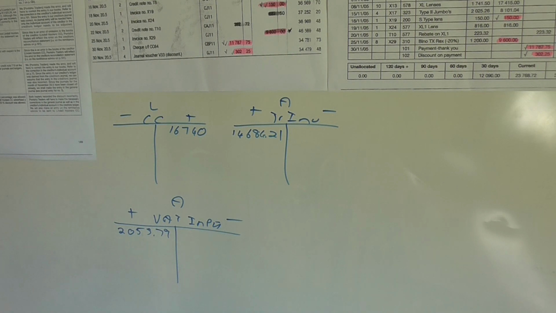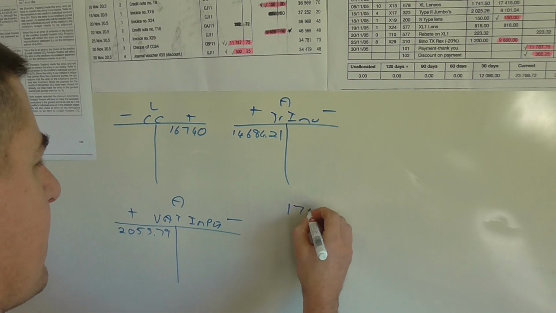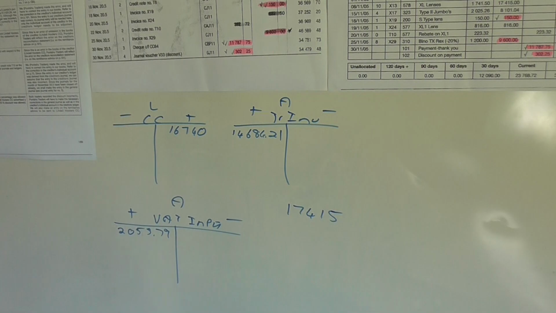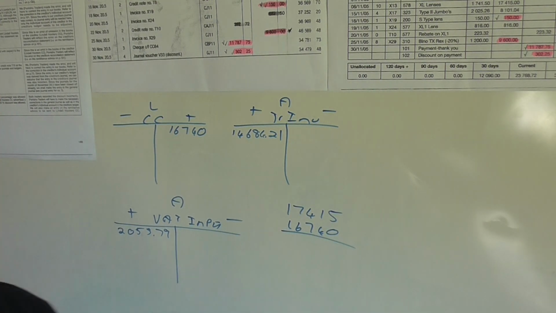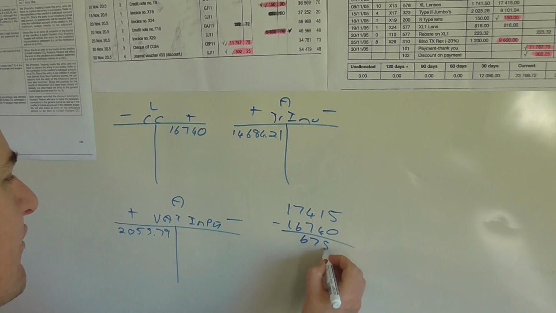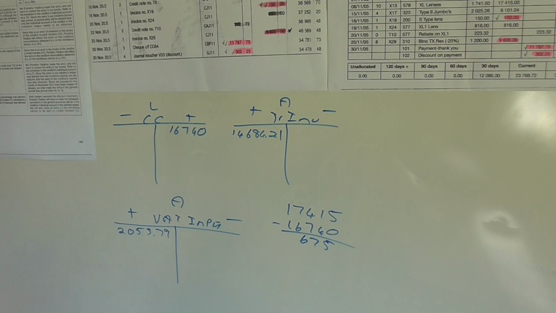But we had that wrong. 16740 wasn't the correct amount. The correct amount was 17415. So how much are we still short to make up that 17415? We deduct 16740 from 17415, then we get a total of 675. So that 675 still has to be added on our books.